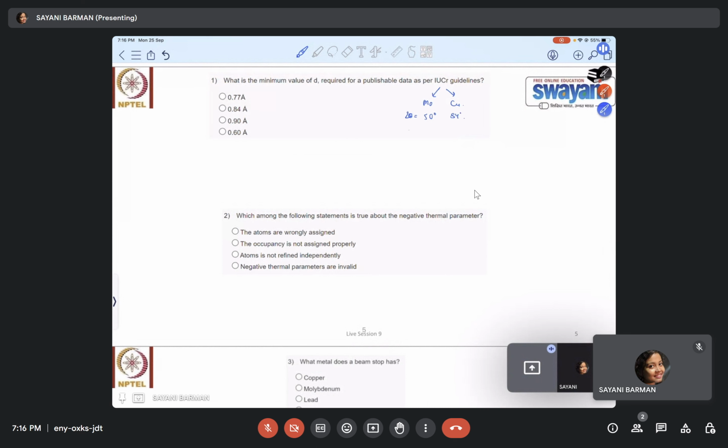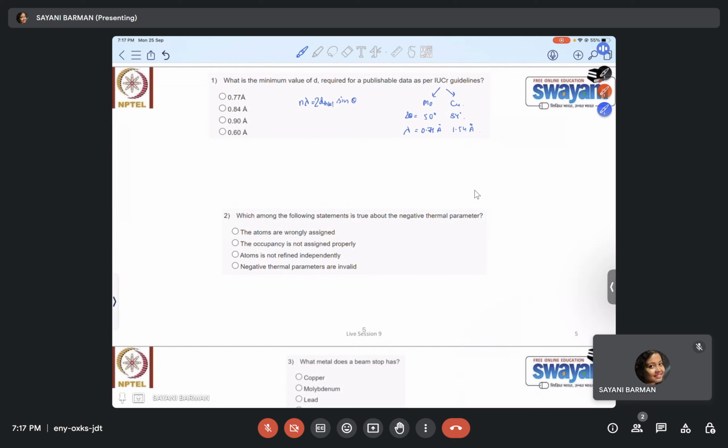Also the lambda values: 0.71 Angstrom and 1.54 Angstrom. So you can determine the d-hkl value from the formula lambda equals 2 d-hkl sine theta.